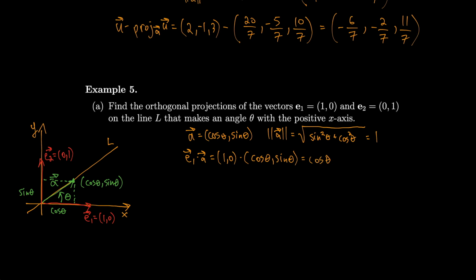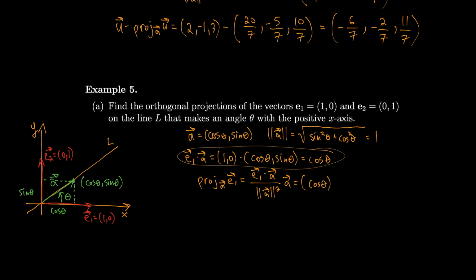And we can divide by the length of A that we just got, so the projection along A of e1 is equal to e1 dot A over the length of A squared times A. So that's cosine theta divided by 1, which is still cosine theta. We'll multiply that by A, which is (cosine theta, sine theta). So we get (cosine squared theta, sine theta cosine theta).